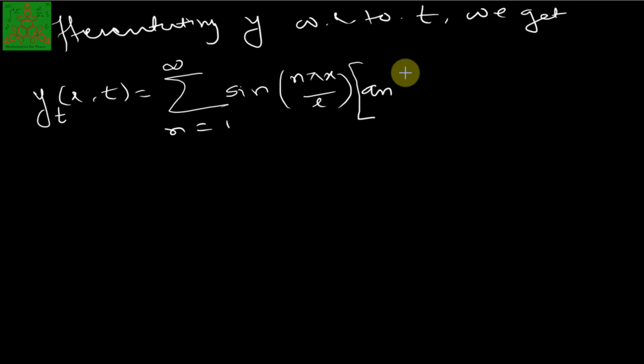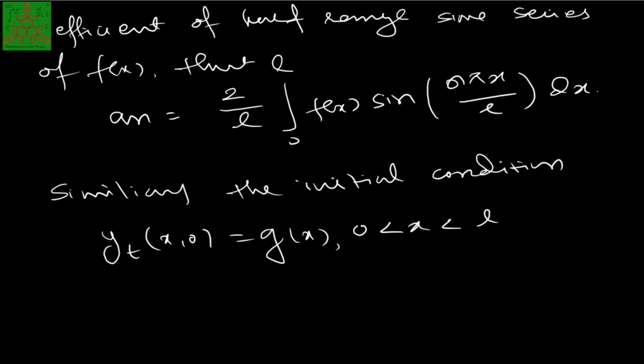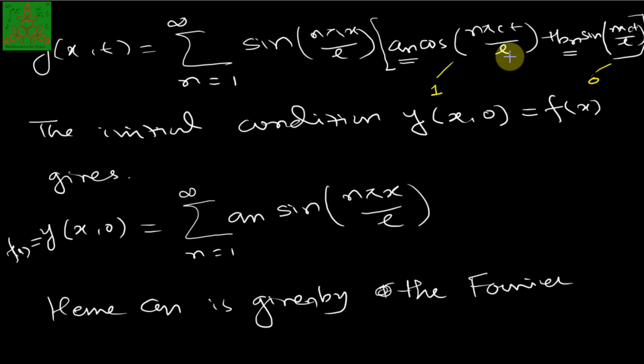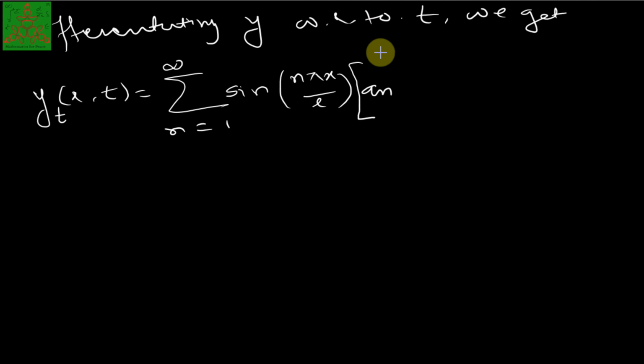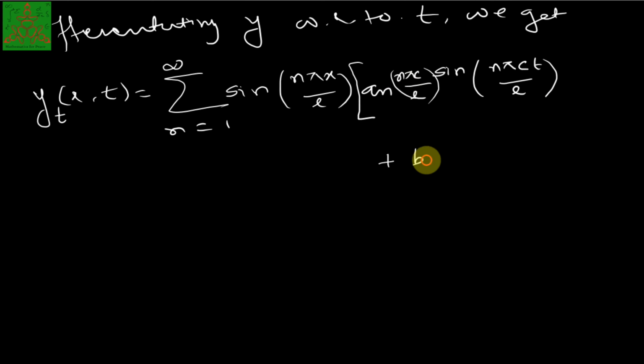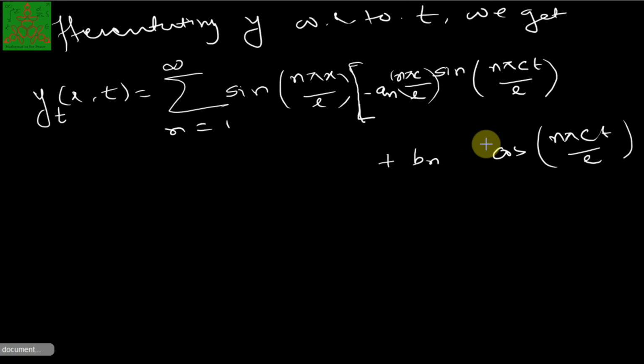Then we have an cos(n pi ct upon L); the derivative of cos is minus sine, so it is minus an sin(n pi ct upon L) times n pi c upon L. Then bn, the derivative of sine is cos, so it is bn cos(n pi ct upon L), and the derivative of n pi ct upon L is n pi c upon L.